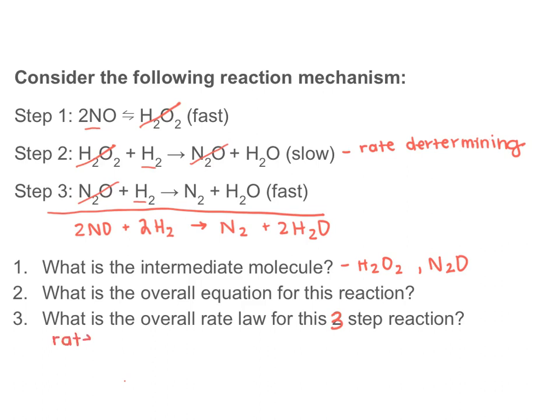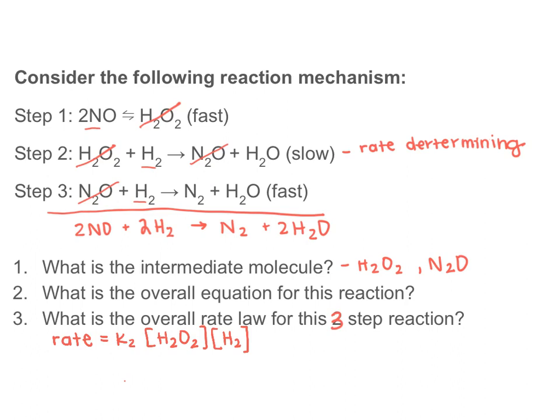So rate is equal to K. And I'm going to say K2 since it's the second reaction. And then the concentration of my H2O2 and the concentration of my H2. Okay, so this would be my rate law if it didn't include the intermediate.